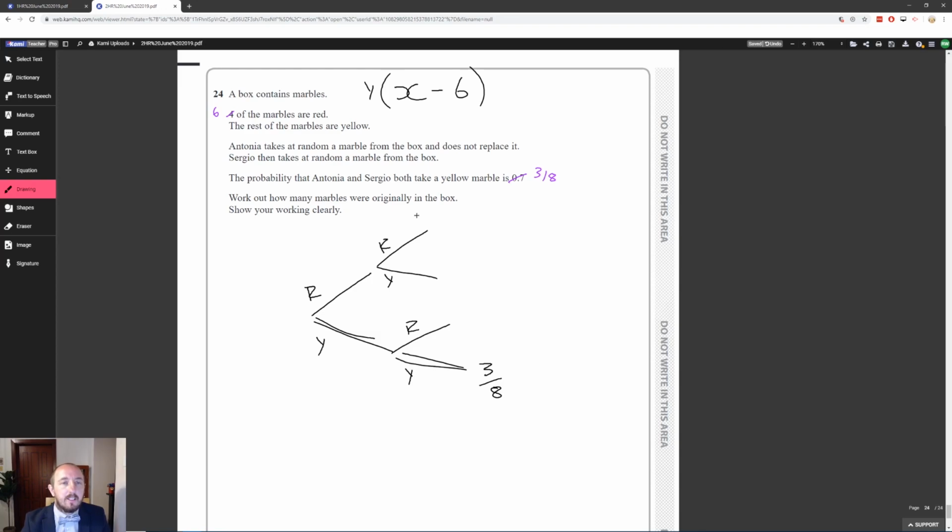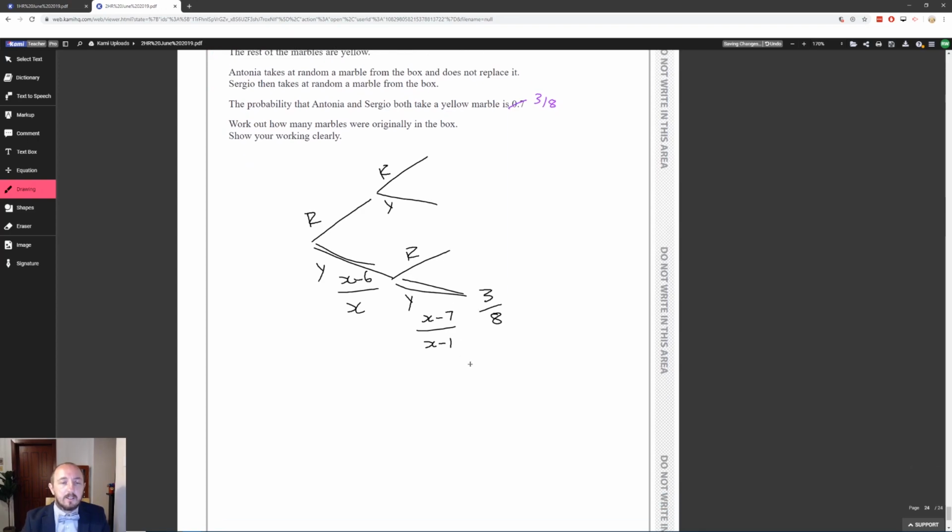Probability of getting the first yellow is x minus 6, because that's the amount of yellows that we had initially, over the total. And then we subtract 1 from the second yellow. So it's x minus 7 over the total has also now reduced by 1. So that's the probability of picking the second yellow.